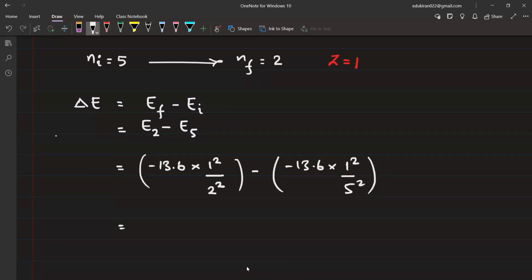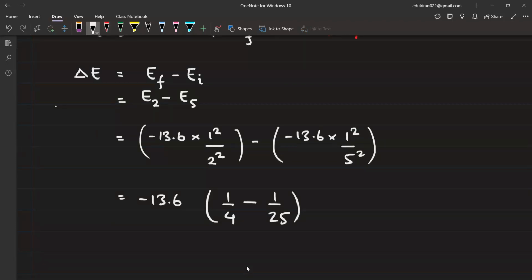Now what will be the change in energy? I can take minus 13.6 common in both cases. What remains is 1 by 4 minus 1 by 25. Is this clear? Yes, sir.